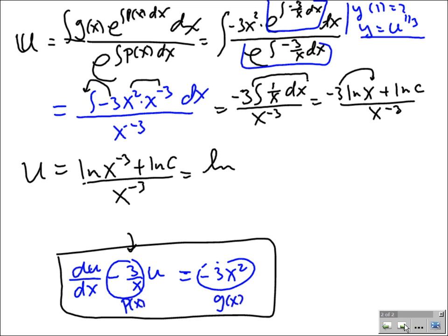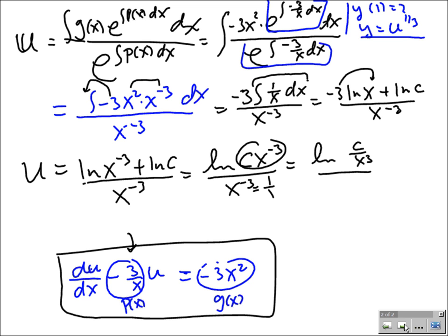So that top will be ln of c times x to the negative 3 over x to the negative 3. Now, this product is just c over x cubed. And this is really 1 over x cubed. Instead of dividing by that, you can multiply by the reciprocal. So that is what u equals.